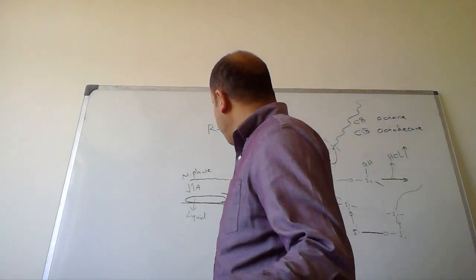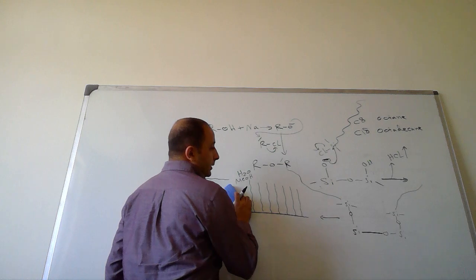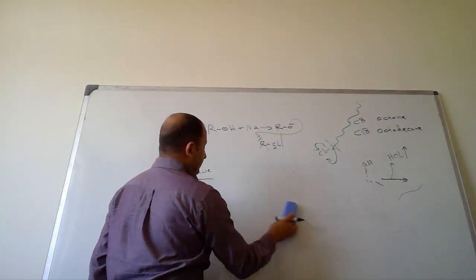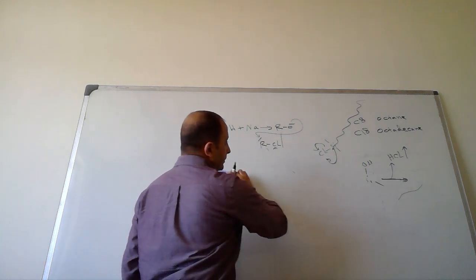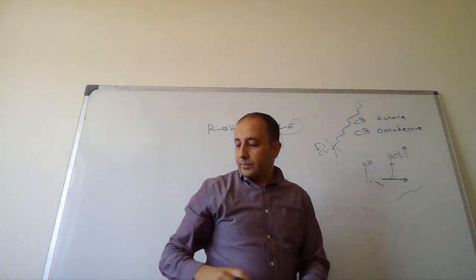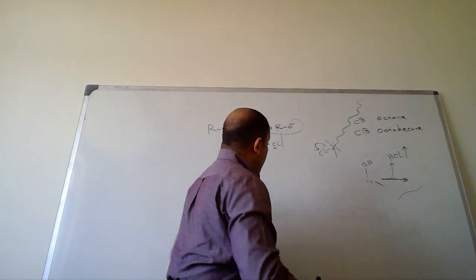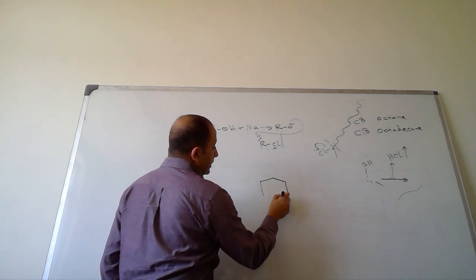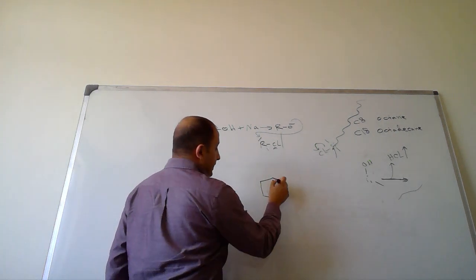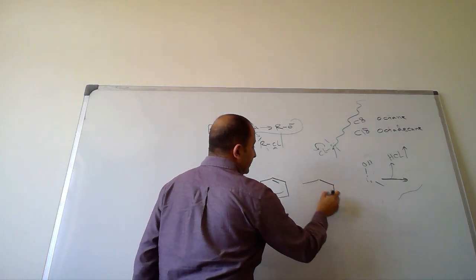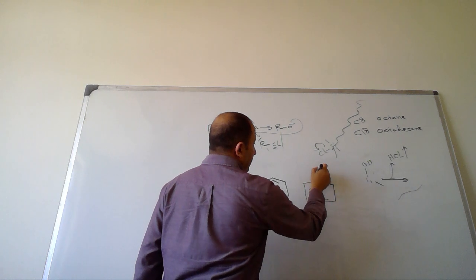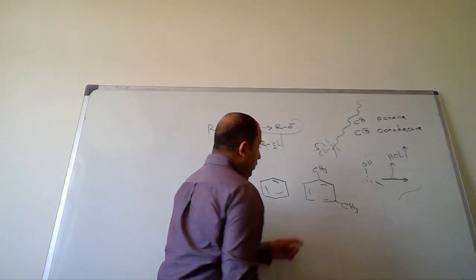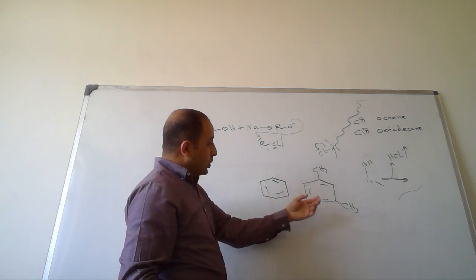I will give you an example to understand what we mean here. If we have benzene and xylene, now xylene, such as meta-xylene, is more hydrophobic than benzene.